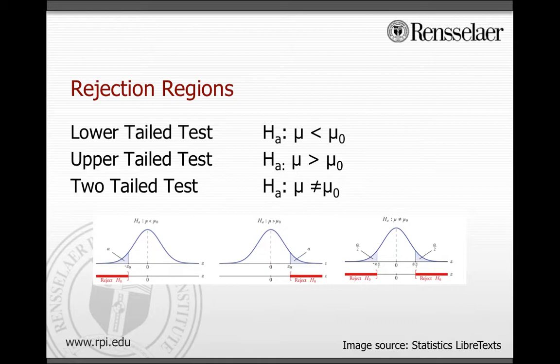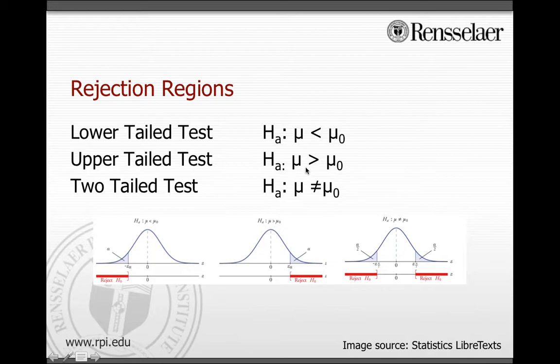And a fun trick to remember if what you're doing is a lower-tailed, upper-tailed, or two-tailed test. A two-tailed test is pretty easy to remember. It's the non-equal sign. It means you have two rejection regions on either side. Each one of them has the area of alpha over 2. So when you add them, there's a combined area of alpha.